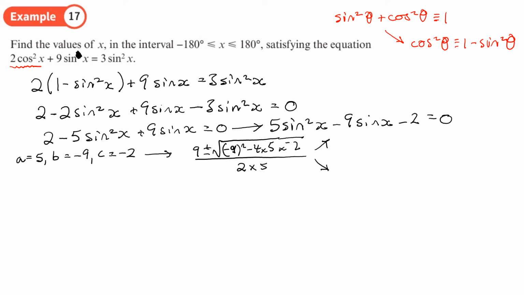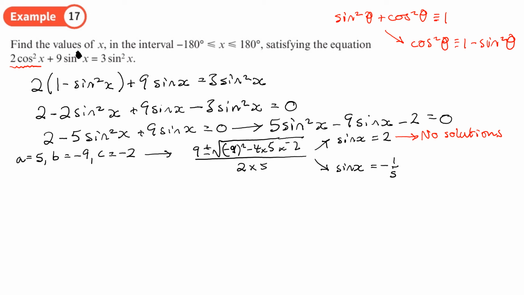If I do that, this will give me the values of sine x. When I've got a plus, I get sine x equals 2. When I've got a minus, I get sine x equals negative a fifth. Right, so for the first one, there's no solution. Remember, sine x or cos x needs to give you a number between 1 and negative 1.